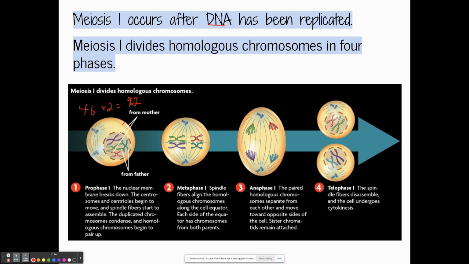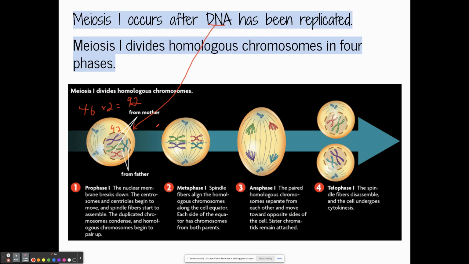So at the start of meiosis, we have a total of 92. Why? Because the DNA has been replicated, so it makes a copy of itself.